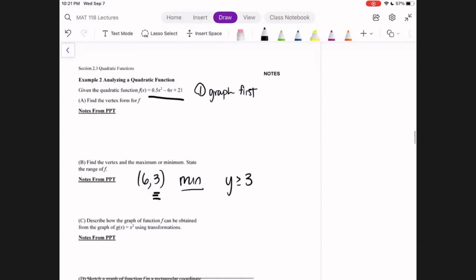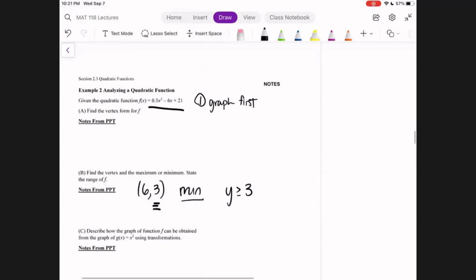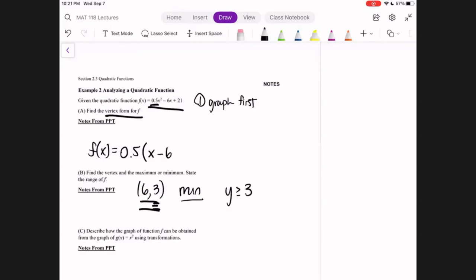Okay. So this wants you to find vertex form, which can be tricky. But remember, we just talked about it, right? So what's our a here? It's 0.5. And we have our vertex. So let's write it together. f of x equals 0.5 parentheses x, and then remember opposite of the first one, so minus 6, squared, and then plus 3.